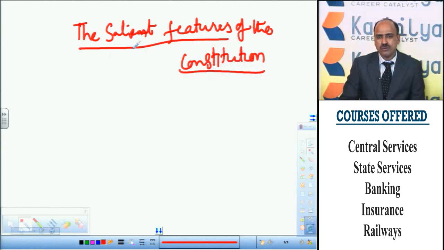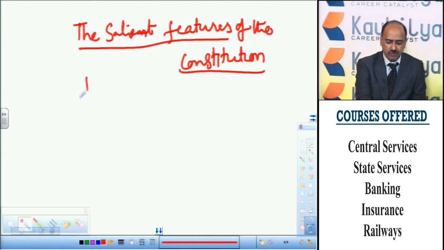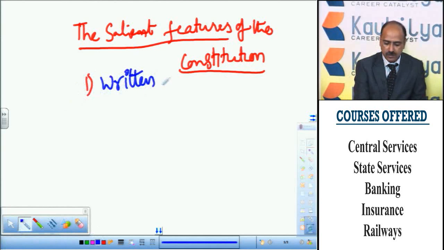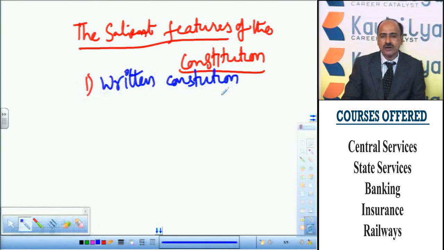We have to discuss some salient features of our Constitution. Number one, the first one is a written Constitution. The Indian Constitution is a written Constitution. The British constitution is unwritten. That's why we compare with Britain. Our Constitution is a written Constitution, and that is one of its salient features.